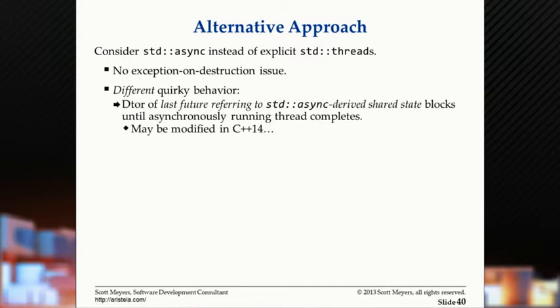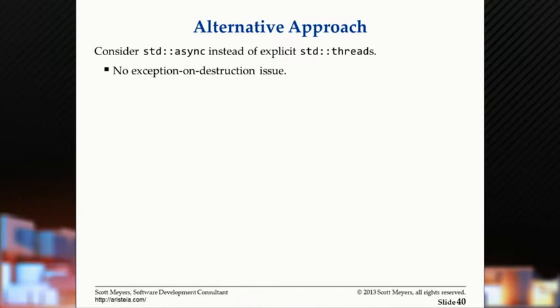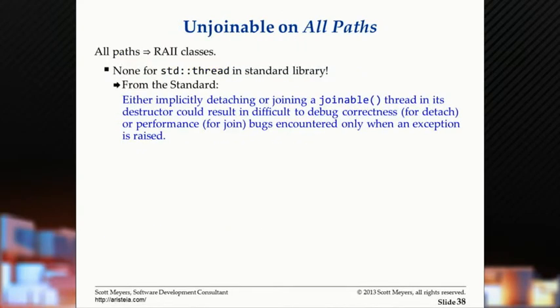Now, what's interesting about this is that what I just said boils down to: if you call async blah, blah, blah, blah, do an implicit join. Wait, what does the standard say? It says that doing an implicit join leads to problems.